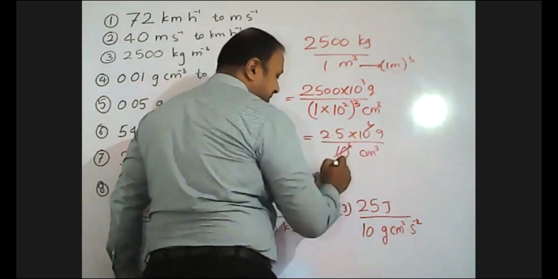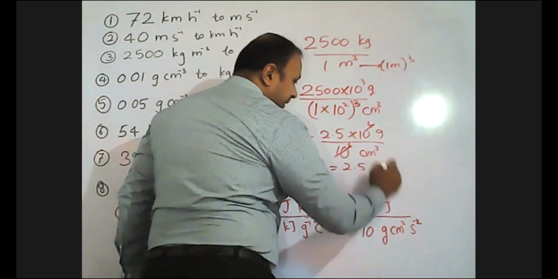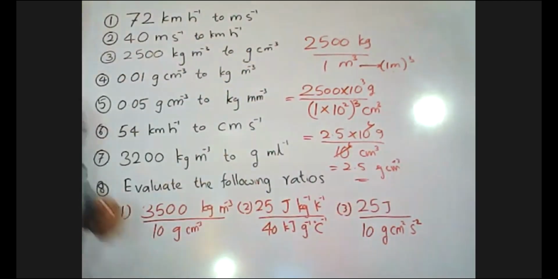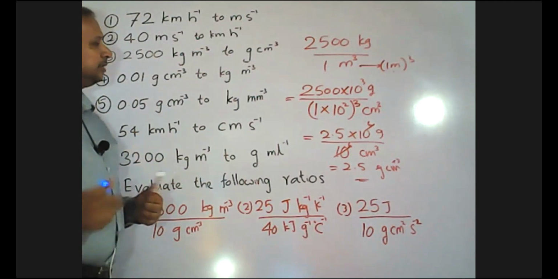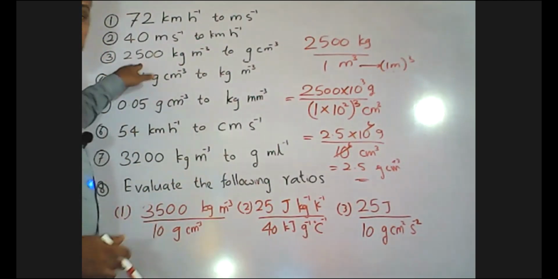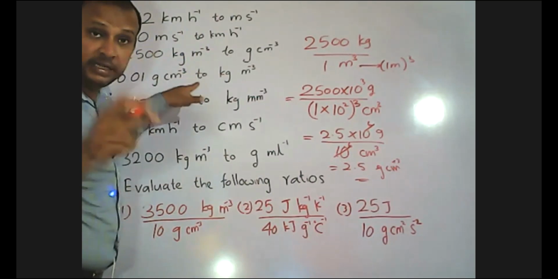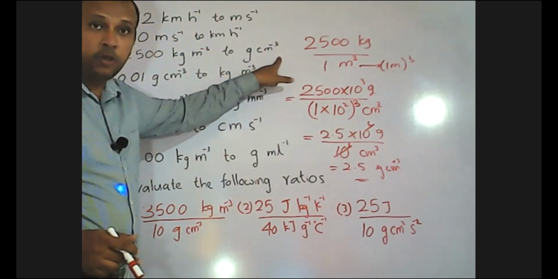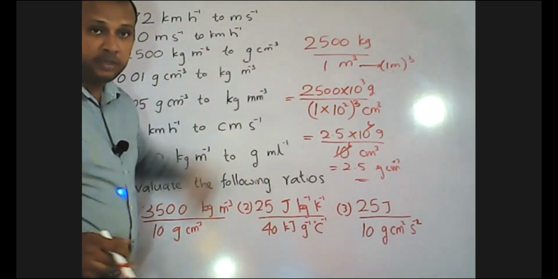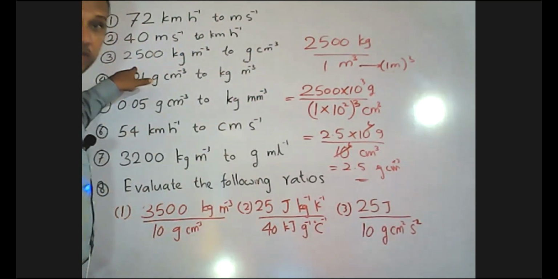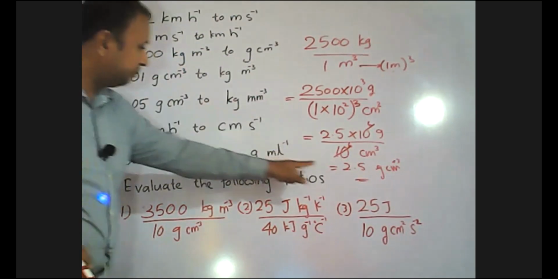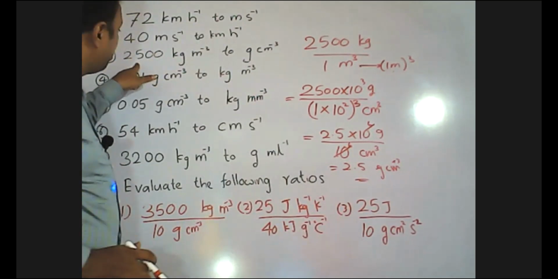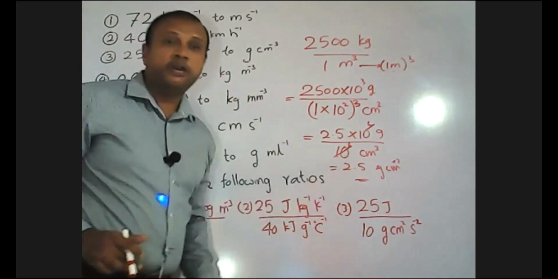My answer is 2.5 gram per centimeter cube. That means if you have to convert kilogram per meter cube into gram per centimeter cube, you have to divide this by 1000. If you divide 2,500 by 1000, you will have 2.5.